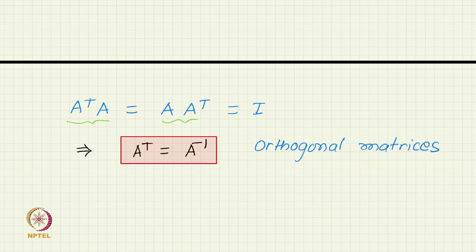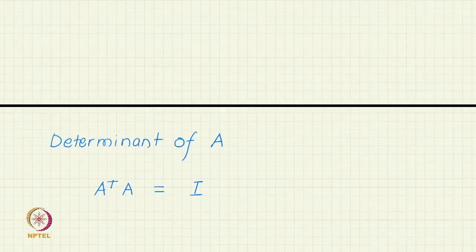So, finding the inverse of a transformation matrix in an orthonormal coordinate system is extremely simple. All you have to do is take the transpose.